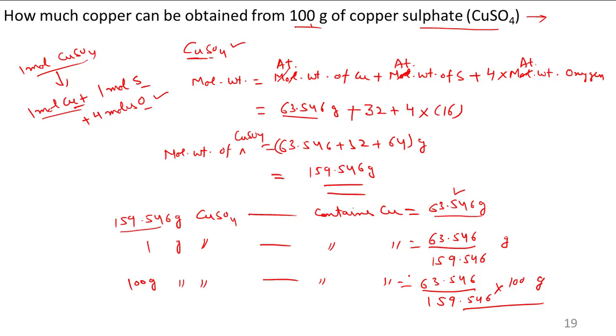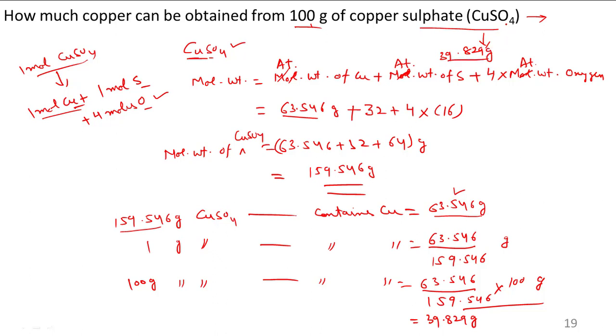Let us see its value. We have 6354.6 divided by 159.546, so its value is 39.829. So 100 gram of copper sulfate contains copper 39.829 grams. So it was a very easy numerical.